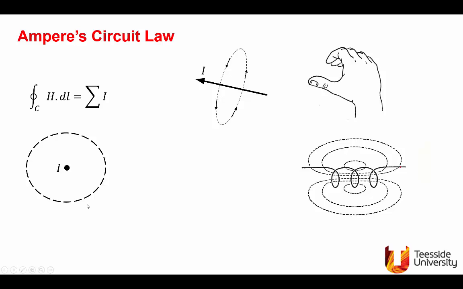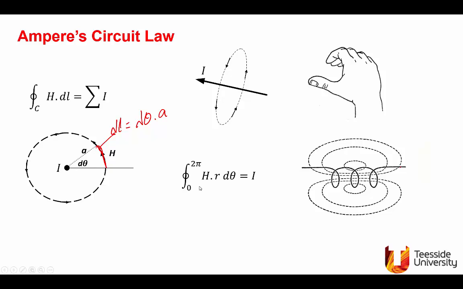We take a point at a distance A away from the current carrying conductor, and a small angle delta theta. The length of this arc, we call it delta L, equals the angle, which is delta theta, multiplied by the radius, which in this case is A. So to apply Ampere's circuit law, we will integrate from theta equals 0 to go all the way around.